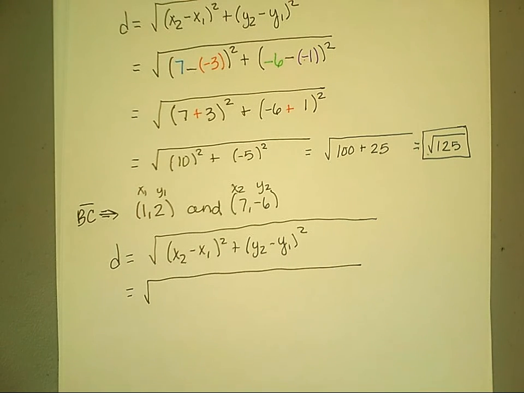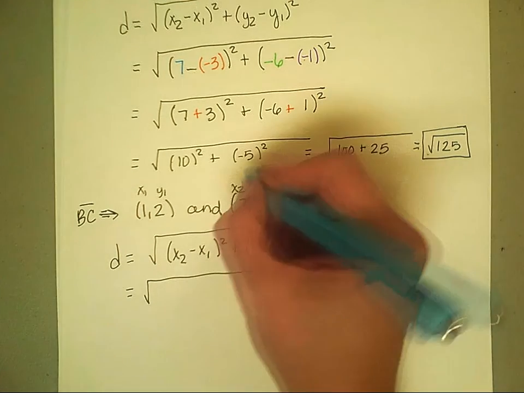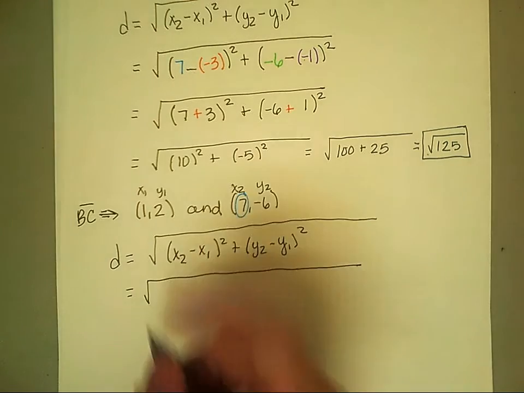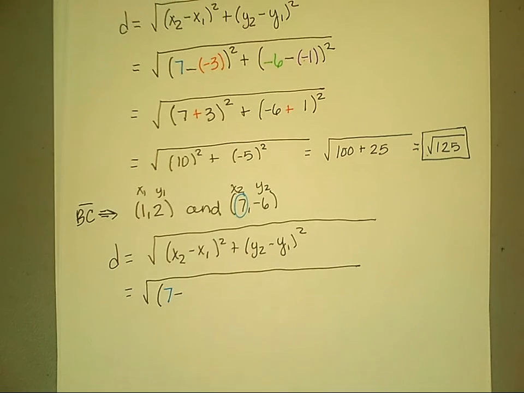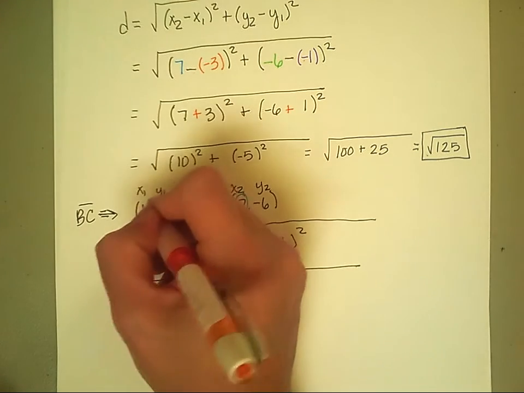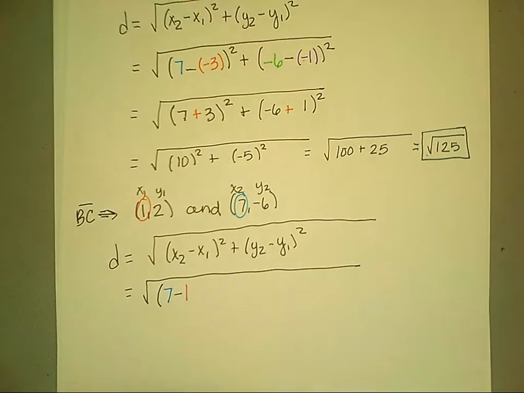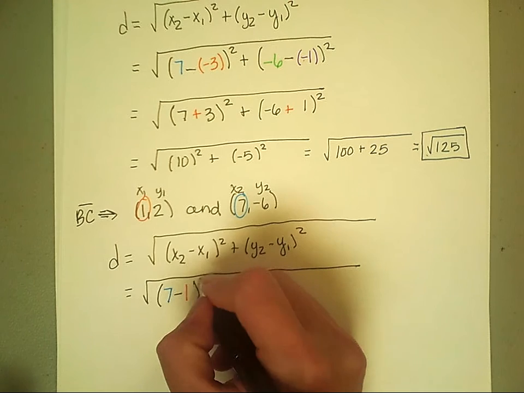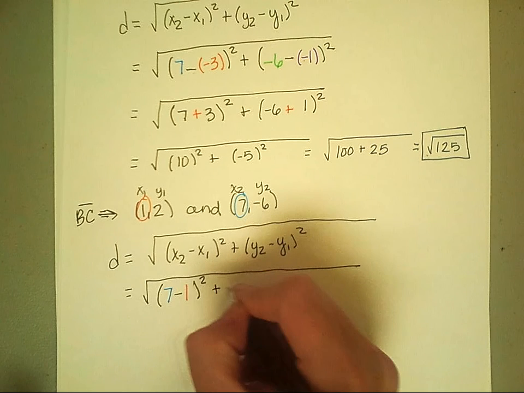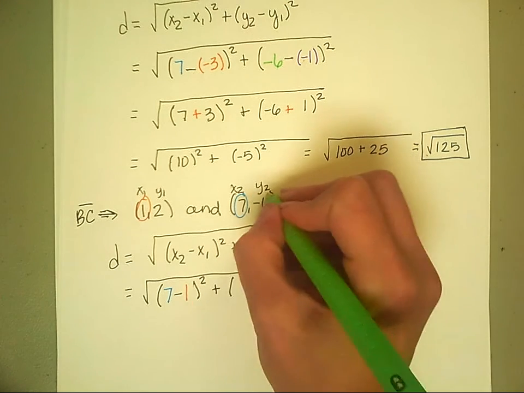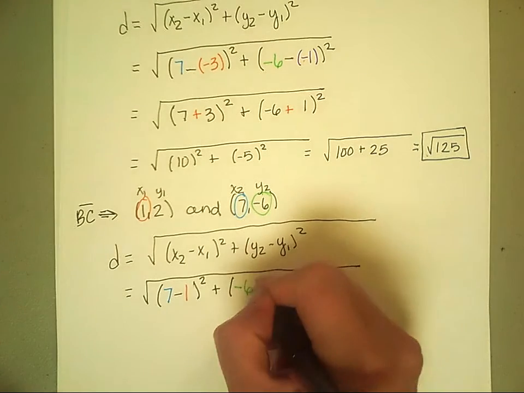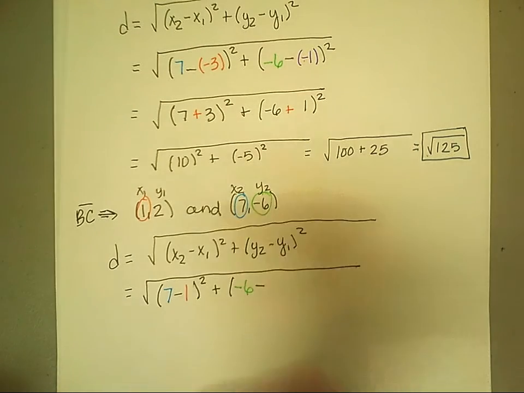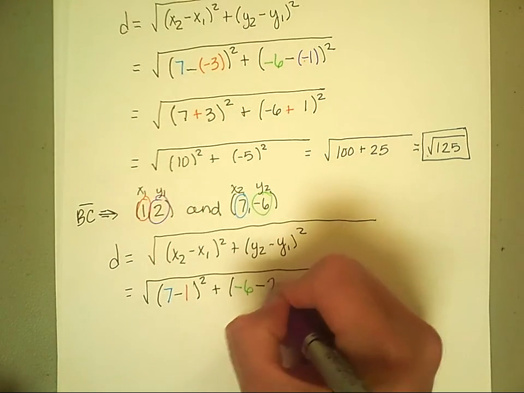So here we go. X2 is 7. Right, so we're going to have 7 minus x1, which is 1. Close that parenthesis and square it, plus y2, which is -6, then minus from the formula y1, which is 2.